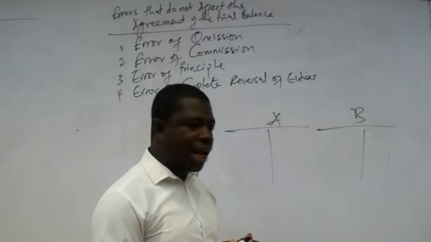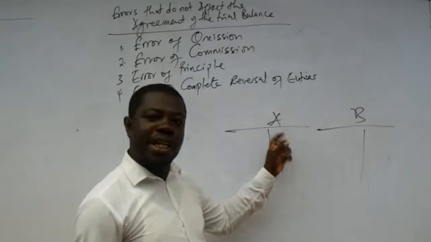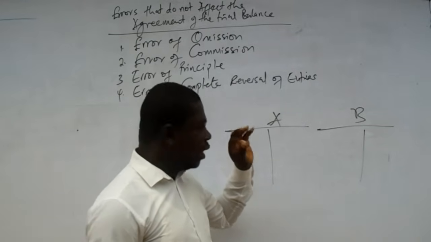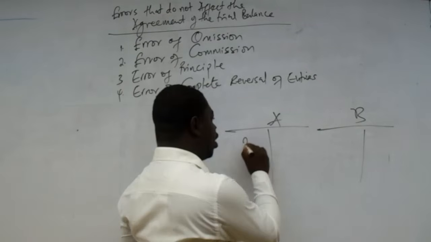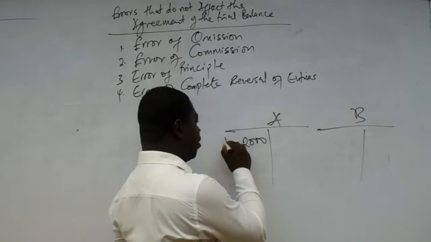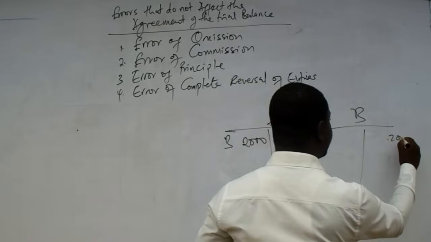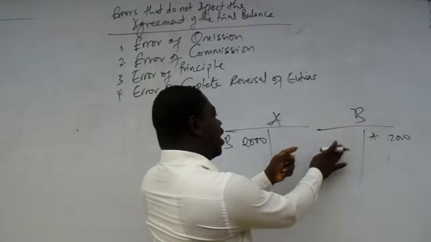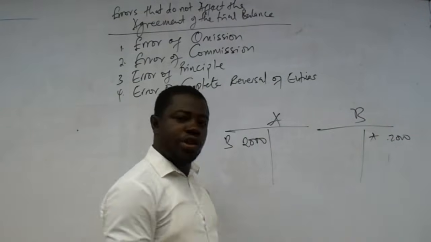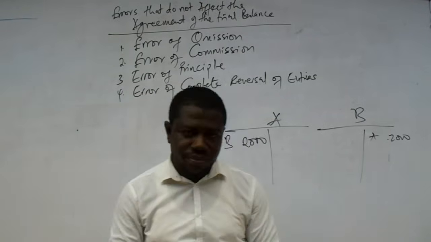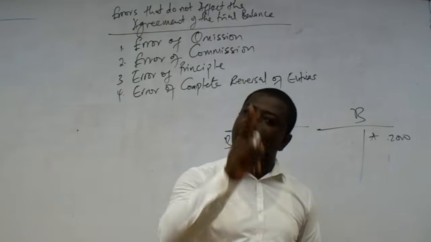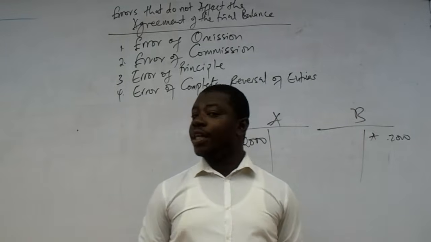But this is a reversal. Remember that the amount is already there, imaginarily. So what we are going to do is that we are going to double the amount. Instead of the 1,000, we are going to write 2,000 here in the name of B, and I'm going to write 2,000 here in the name of A because the thousands were already here. So that in effect, we will still have the 1,000. So take note that the only time you will double the amount is when it is a reversal.